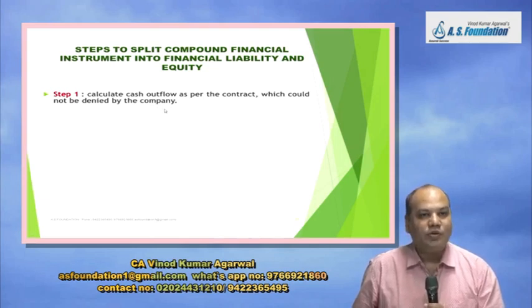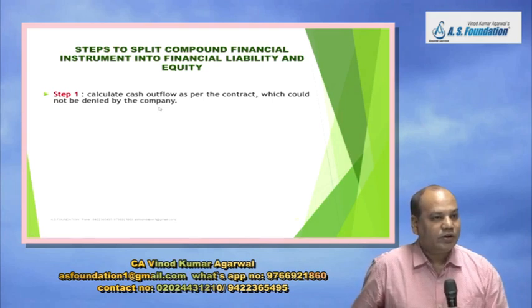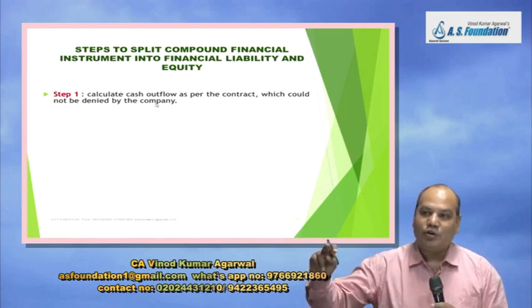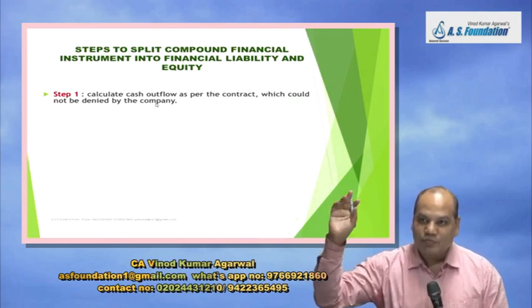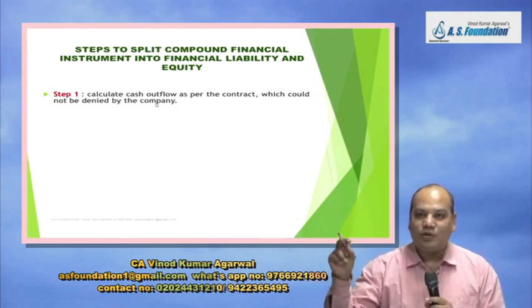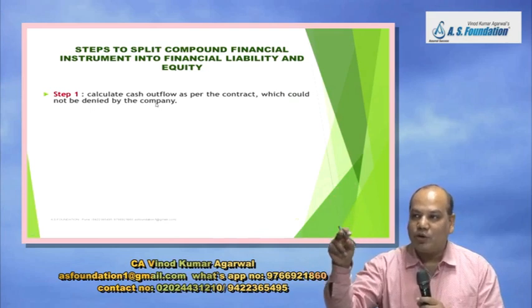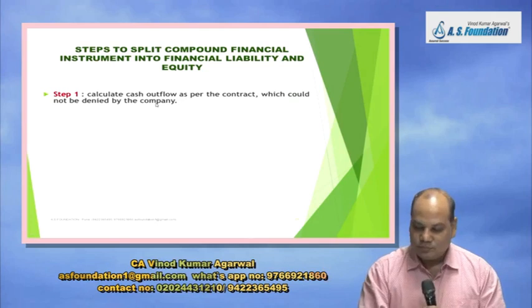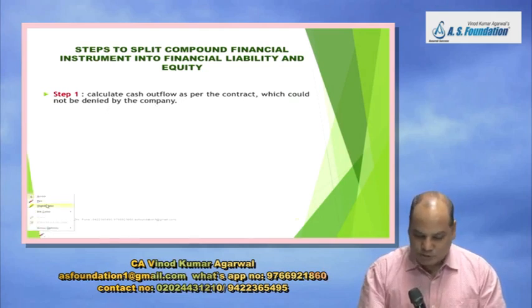Will you consider the redemption value also? If the conversion is at the option of the holder, whether he converts or not, that is later, but for the purpose of calculation we will consider the redemption value if the option to convert is with the holder. So if you have some space, write it down there.